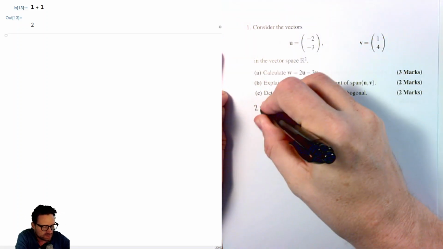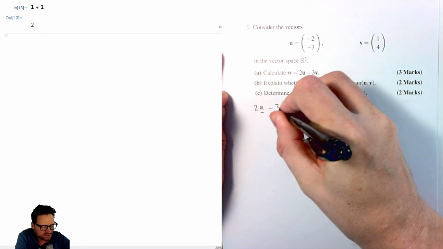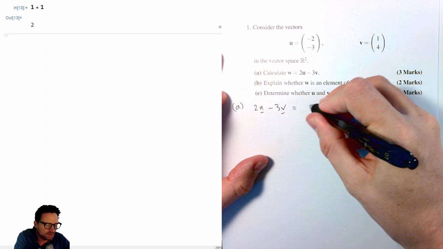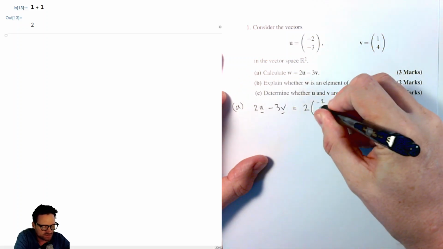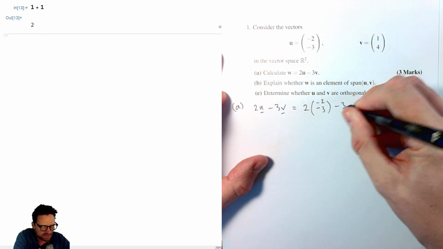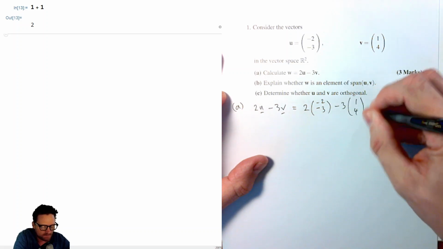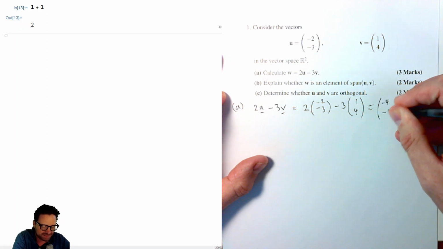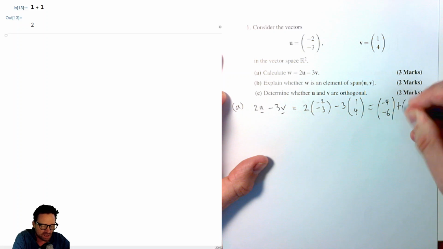So 2u minus 3v, this is part A, is equal to 2 times minus 2, minus 3, minus 3 times 1, 4, which is equal to minus 4, minus 6, plus minus 3, minus 12. And so we get the sum of these is minus 7, minus 18.